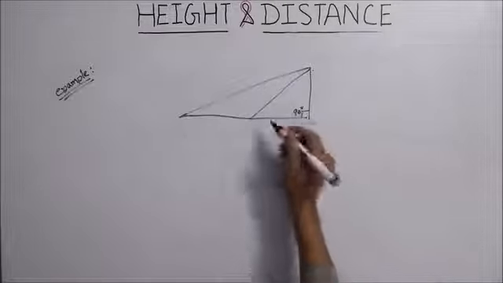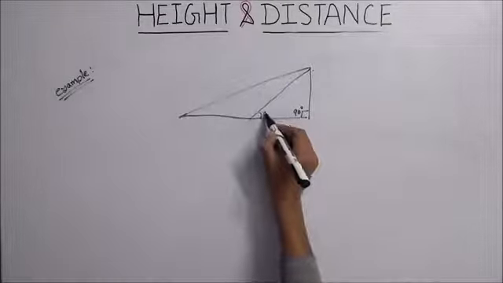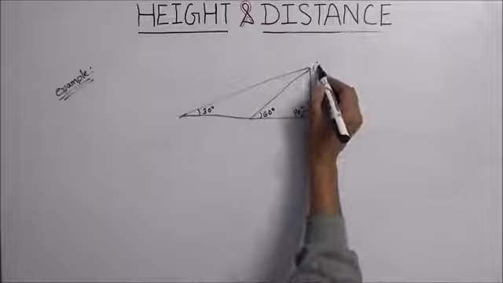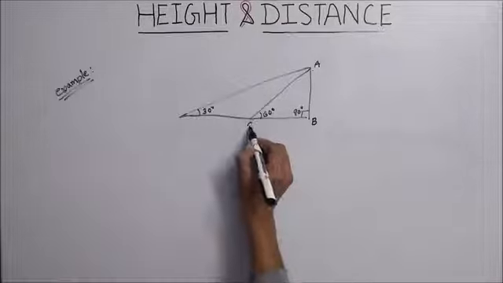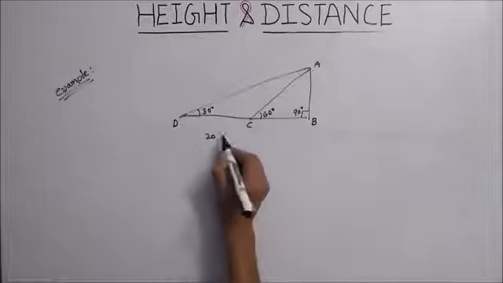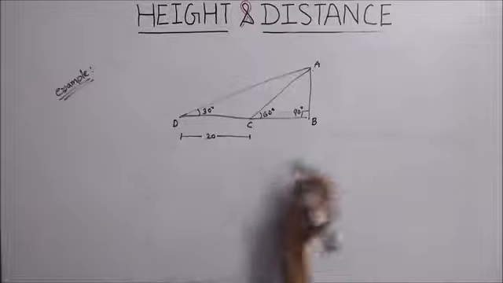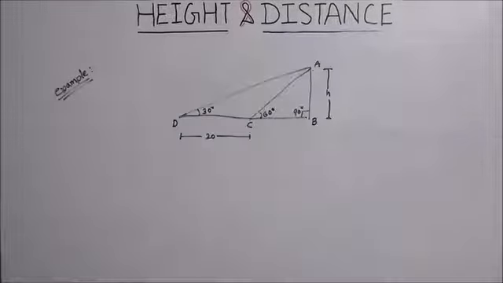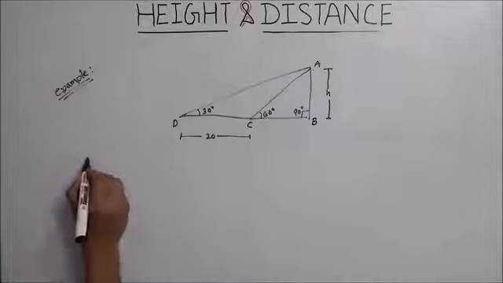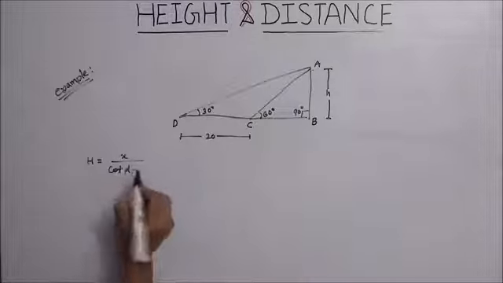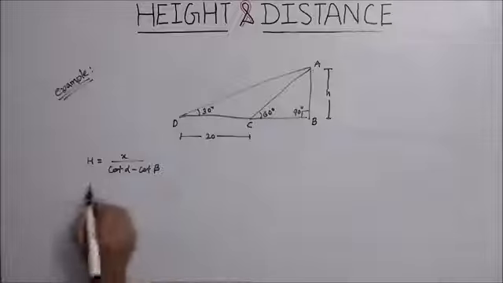This angle is 90 degree, this angle is 60 degree, this angle is 30 degree, this is point A, this is point B, this is C, this is D, and the distance between CD is 20 centimeter, and you have to find the height of AB. Using the previous method, you just put the values: H is equal to x upon cot alpha minus cot beta.